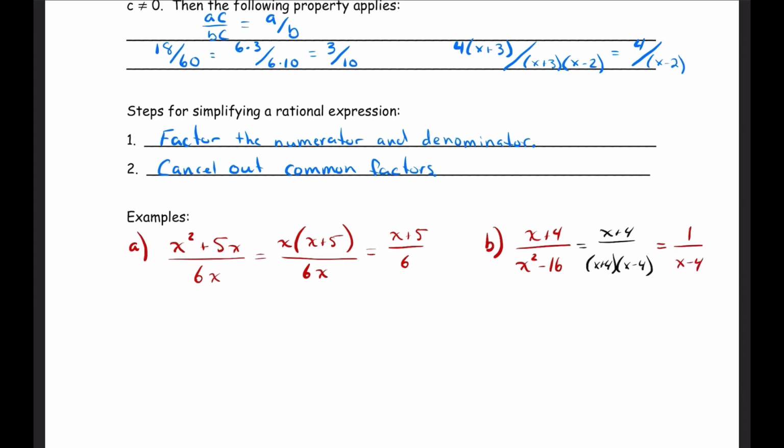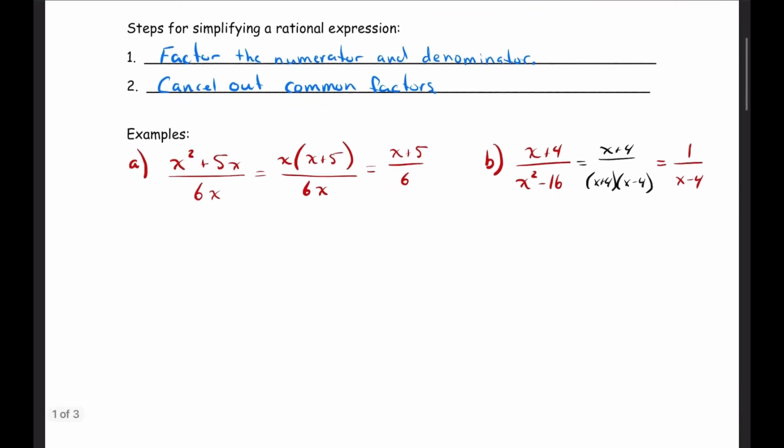Okay, so we can also do this with things that are trinomials. So let's take another example here. We can take x squared minus 2x minus 3 and divide that by x squared minus x minus 6. So go ahead and factor those two trinomials.